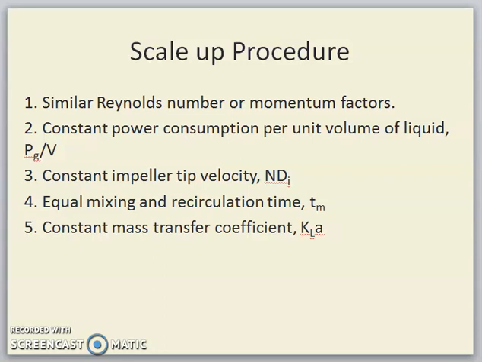Or you can have equal mixing and recirculation time, tm. Or you can keep a constant mass transfer coefficient, the KLa. Based on the KLa, you can scale up the fermenter.